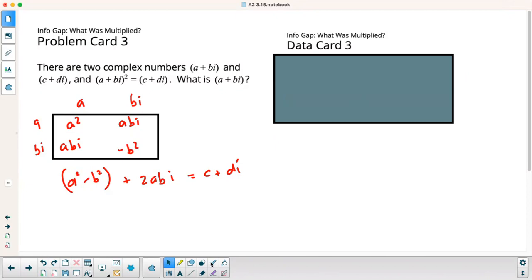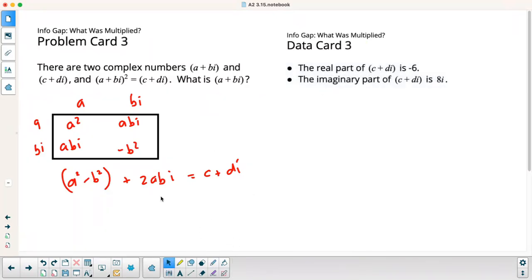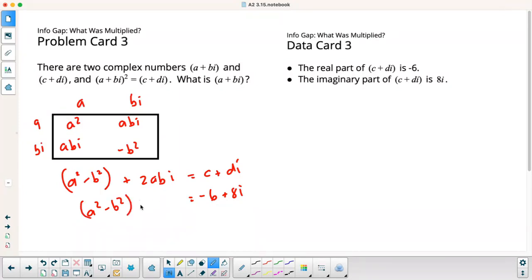Okay, so let's start plugging these in here. We know C and we know D. Whoops, I guess I should just get rid of this. So C is -6. And this is 8i. All right, so what we could do is set the real parts equal: a squared minus b squared equals -6.